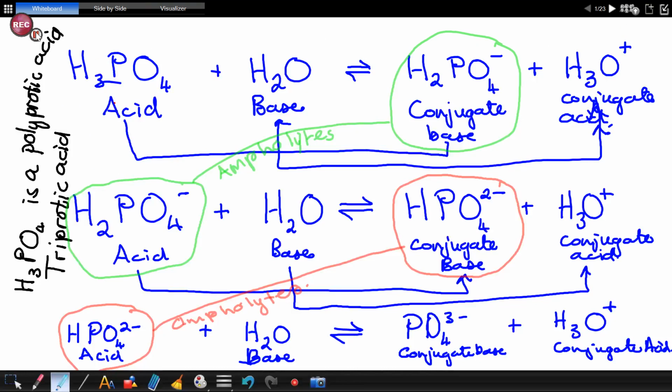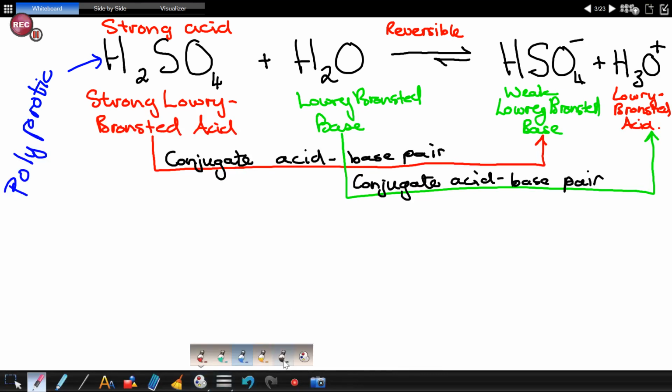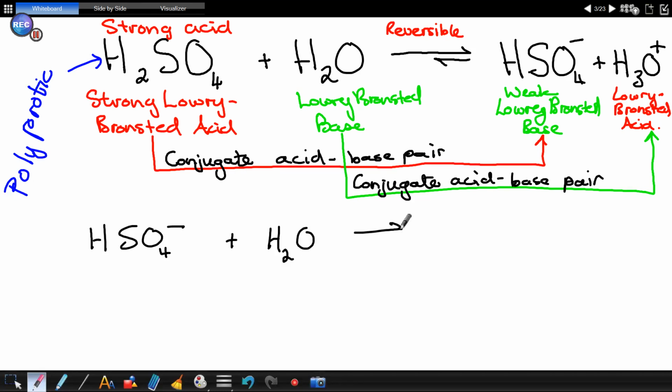Sulfuric acid is polyprotic, because here it gives one proton to make HSO4 negative, and that HSO4 negative can react further with H2O to make H3O plus and SO4 2 negative.